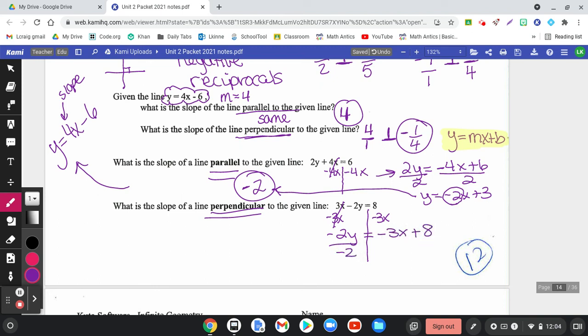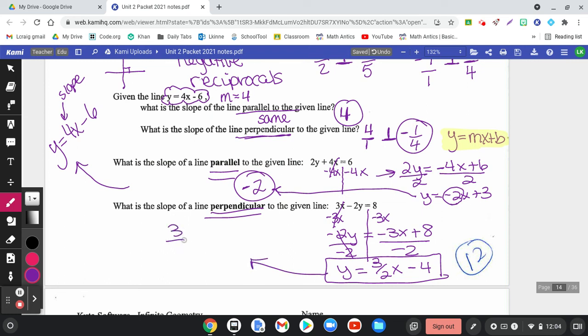Divide everything by negative 2. So y equals positive 3 halves x, and then 8 divided by negative 2 would be negative 4. So there's your equation. Your slope's 3 halves. So if it said what's the parallel slope, it'd be 3 halves. But perpendicular to it would have to be negative 2 over 3.